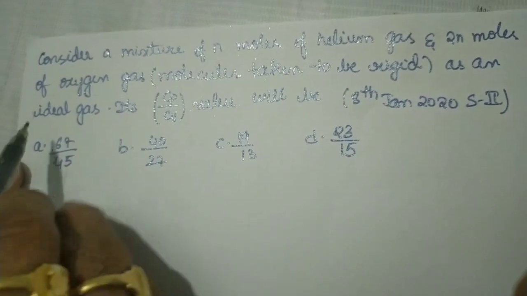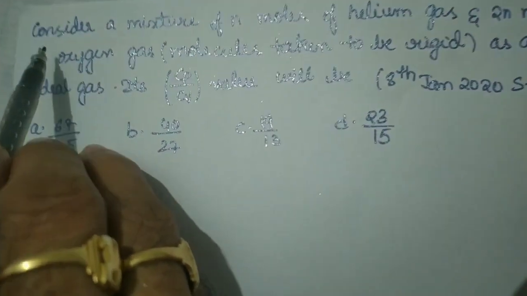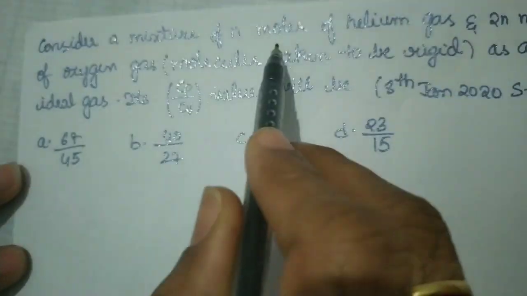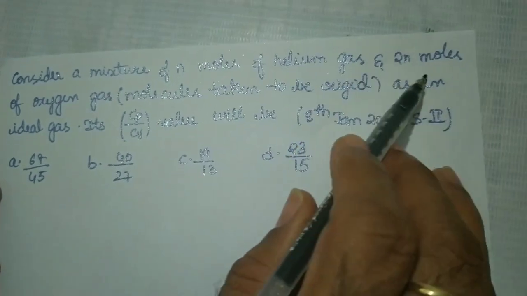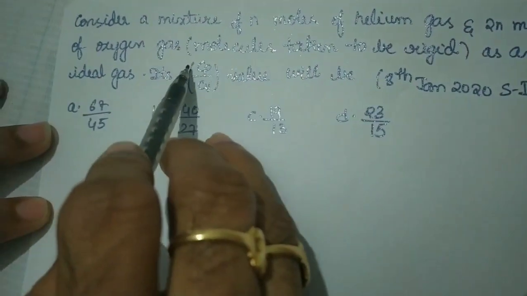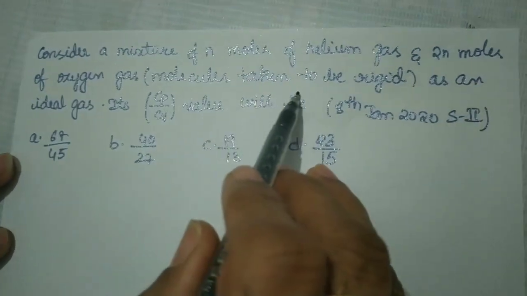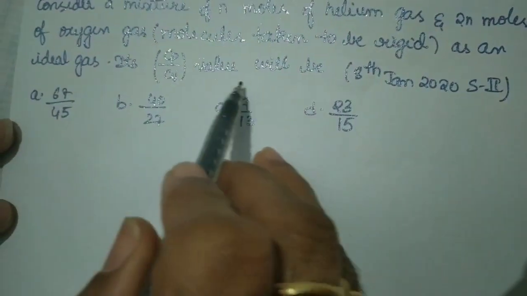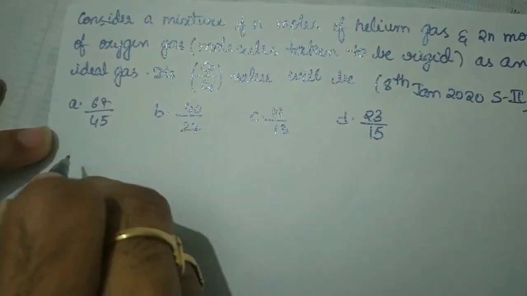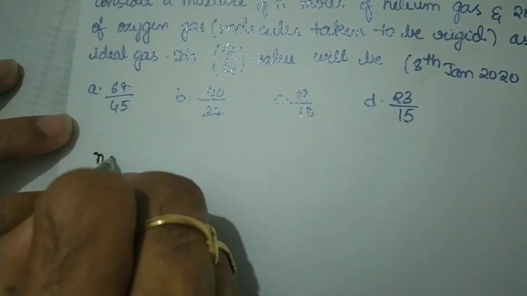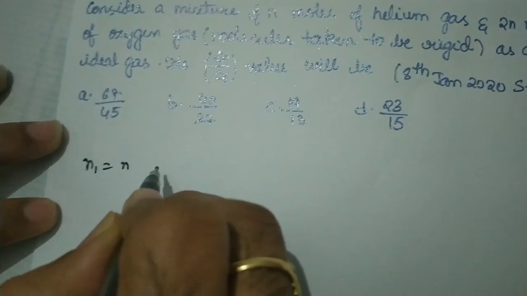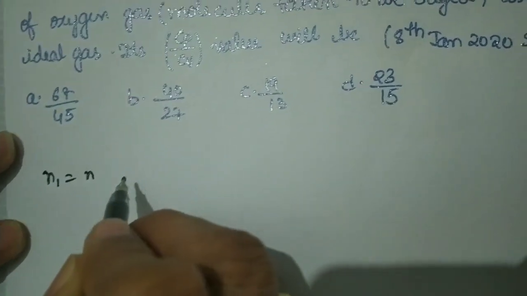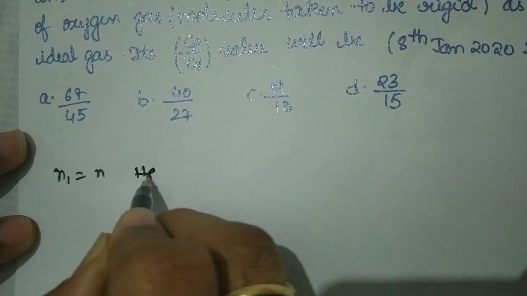So, students, let us consider the next question in thermodynamics. Consider a mixture of n moles of helium gas and 2n moles of oxygen gas. Molecules are taken to be rigid, as an ideal gas. Its Cp by Cv value will be. So, first one is N1, equal to n moles of helium gas. Helium means monatomic.